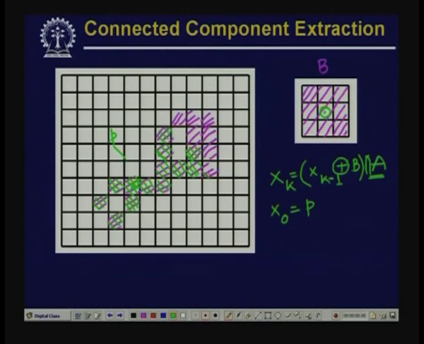Dilate it further, these are the points which are going to be in set X_5. Dilate it further, these are the points which are going to be in set X_6. And further dilation and intersection operation is not going to change our X_6 anymore. So, you find that at that point I get X_6 equal to X_7.